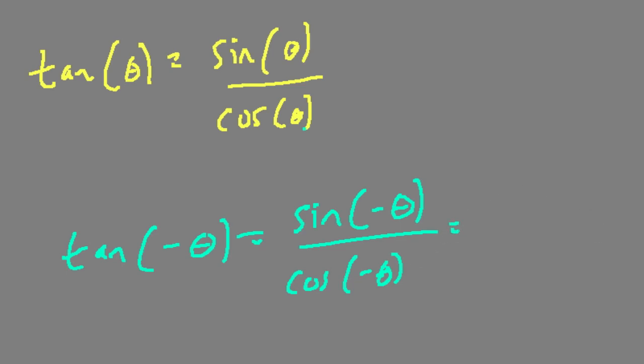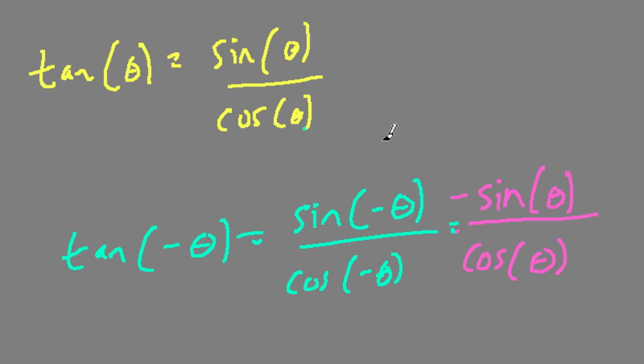We just went through this. The cosine of negative theta, what's that? That's just equal to the cosine of positive theta. And what's the sine of negative theta? That's negative sine of theta. And what does that equal? That's like saying the negative sine divided by positive cosine. That's a negative tangent, right?